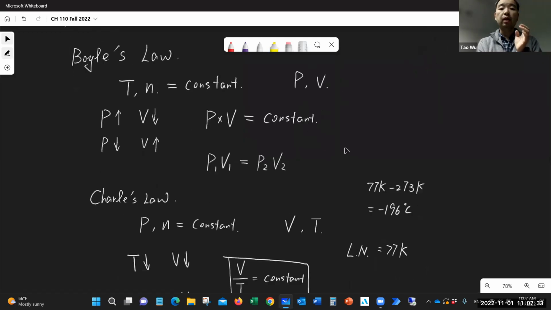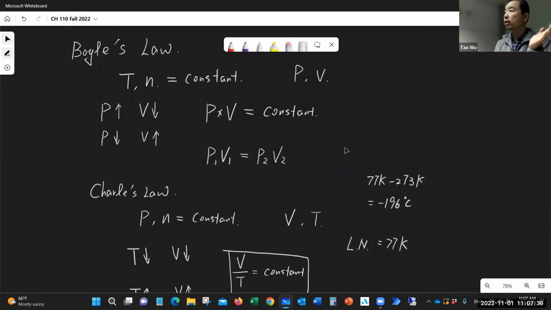So we looked at the video, and it says if you increase the pressure, the volume of the gas will decrease. If you decrease the pressure, the volume will increase.